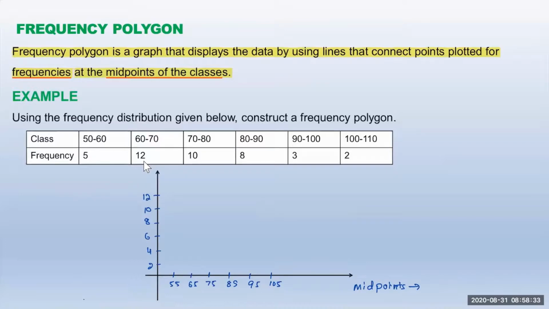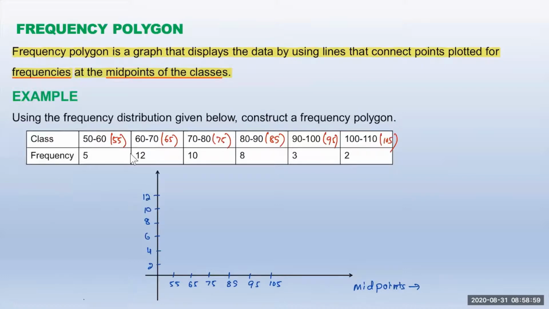So we are going to plot the midpoint and the frequency. The midpoint for the first class is 55, then 65, the midpoint here is 75, then 85, 95, and 105. That's what we have done.